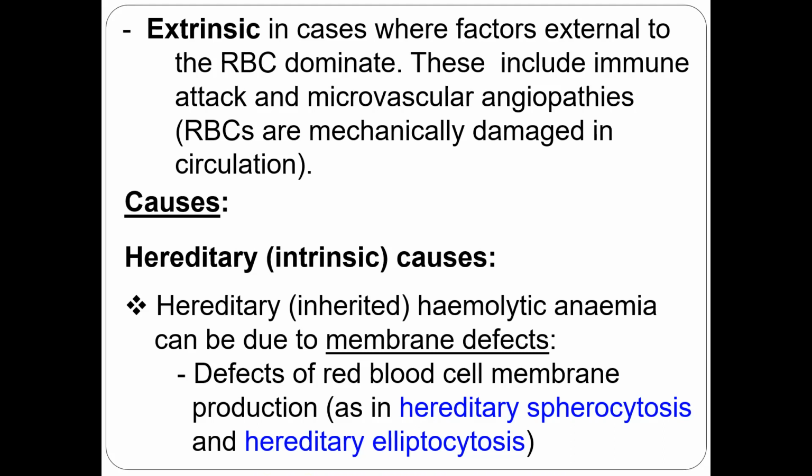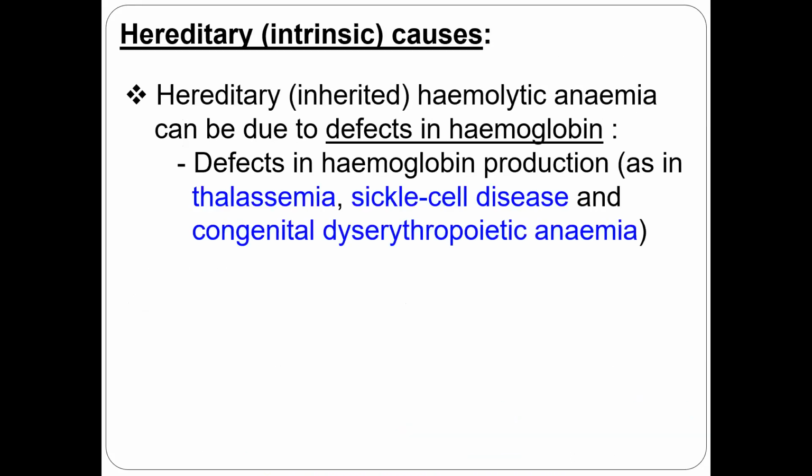Then the next one under the hereditary inherited hemolytic anemia is defects in hemoglobin. This time it is not affecting the membrane, but it is affecting the hemoglobin in the red blood cell.